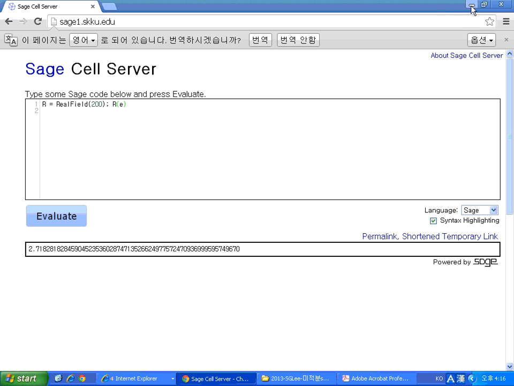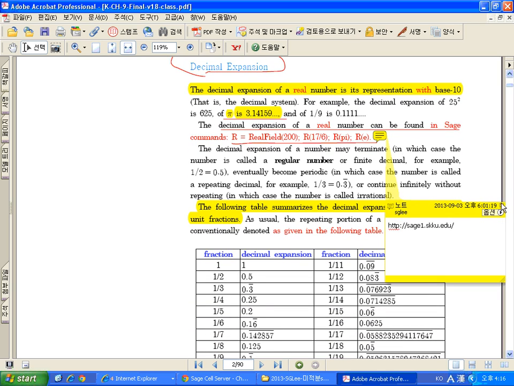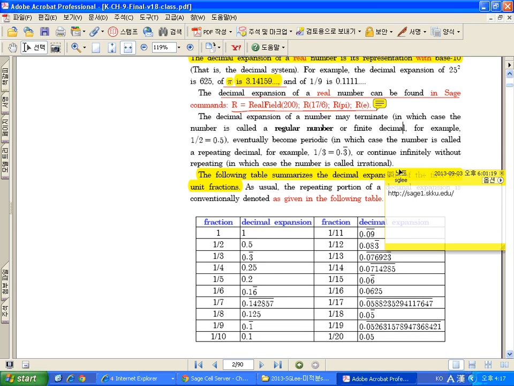So you will use those commands in Sage, on any server that has Sage, then you can use this command.